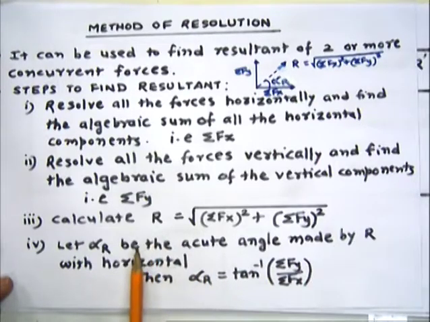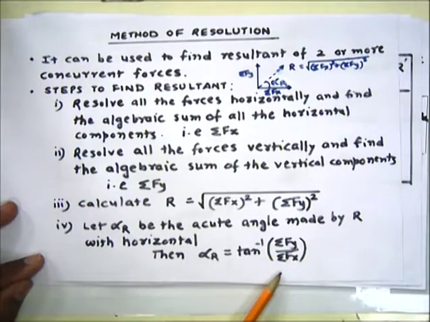So always the value of alpha R will come less than 90 degrees. That's why it is known as an acute angle. So we find alpha R using this equation: alpha R is tan inverse of sigma Fy divided by sigma Fx. So this is what the method of resolution is.